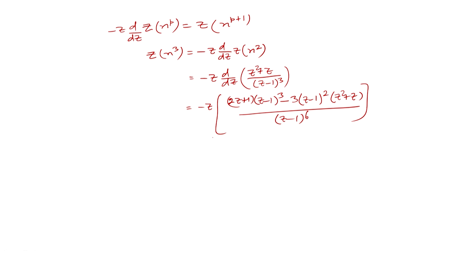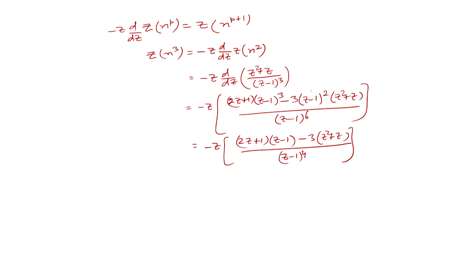We can cancel (z - 1) whole square to have (2z + 1)(z - 1) minus 3 times (z square + z) divided by (z - 1) to the power 4. Okay. We have cancelled (z - 1) whole square from the numerator and denominator.